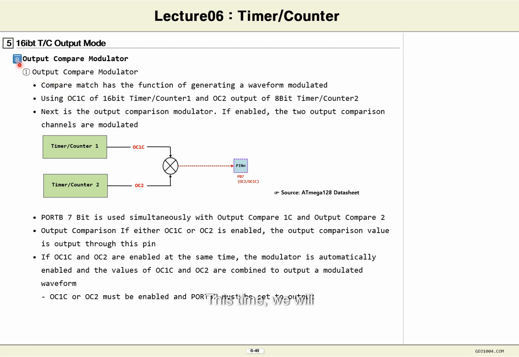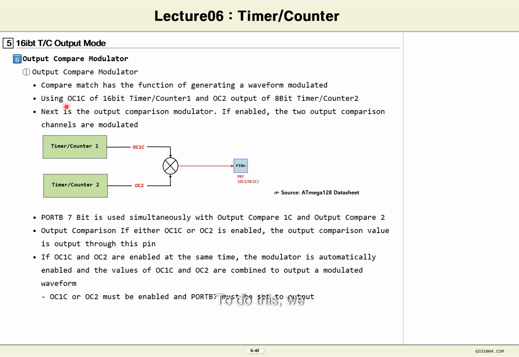This time we will finally look at output comparison modulation. Output comparison modulation is a function that is created by modulating the waveform and refers to having a comparison match.